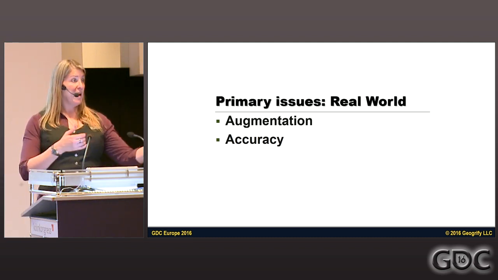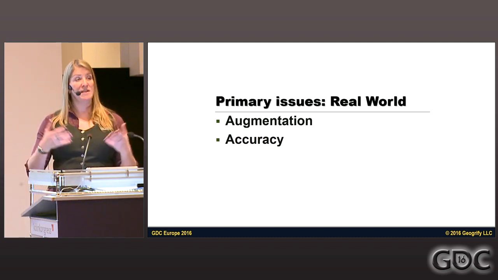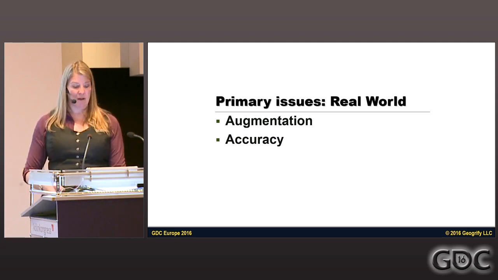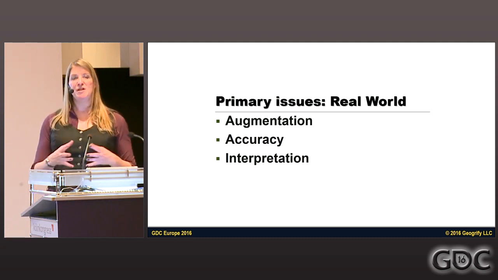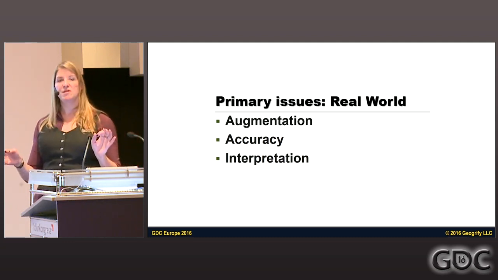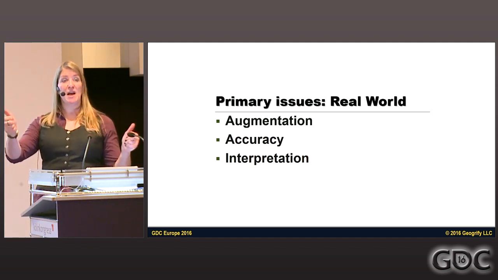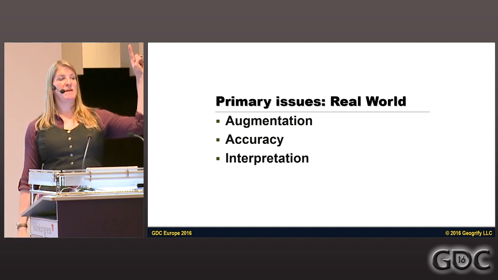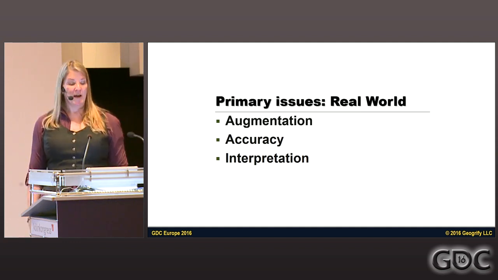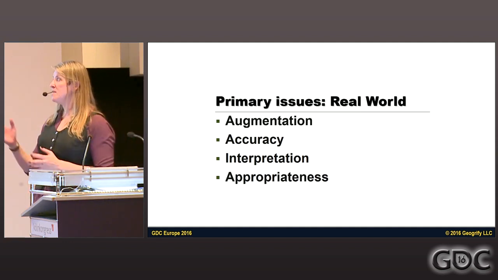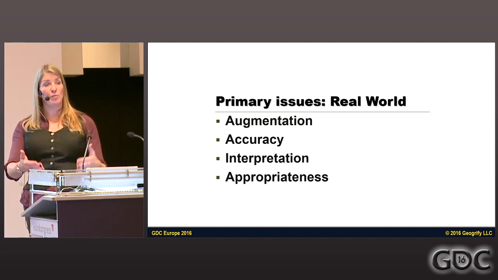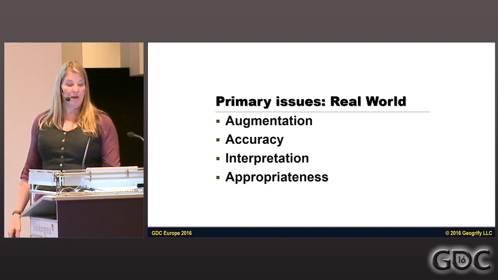Is the character accurate? Is that building accurate? Is that event accurate, the historical event? Interpretation, so how different cultures interpret a real world thing, whether it's a gesture, like this gesture, it means different things in different countries. Or appropriateness as well, like, is this subject matter actually appropriate to have in the game?